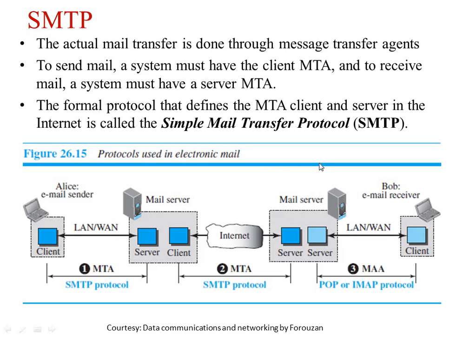This is how exactly the picture looks. This is a client, the email sender, which is connected in a LAN or WAN. Here you will require the SMTP protocol so that you can communicate with the mail server, and this client will communicate with the mail server at the sender's end.